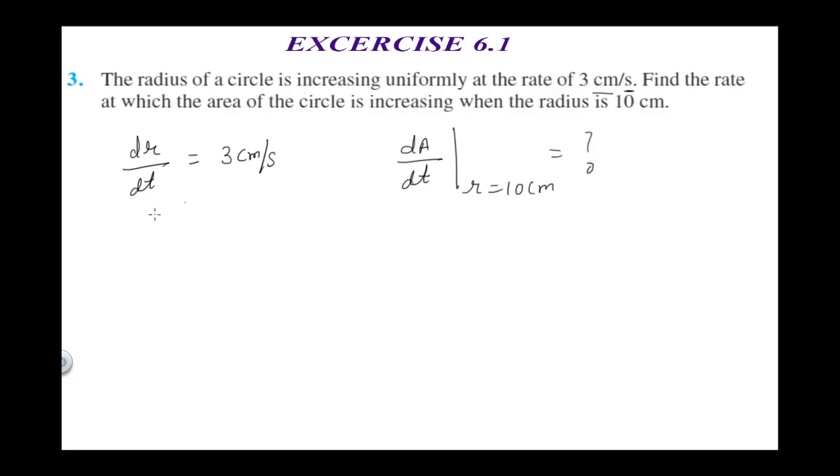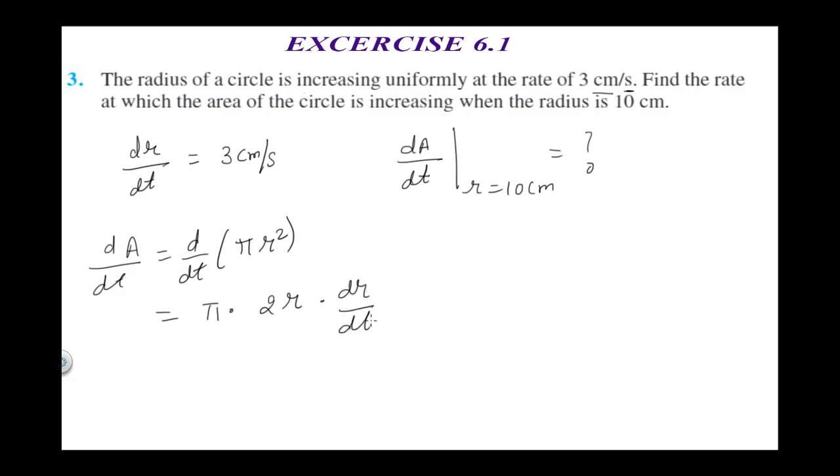Correct? Now, what is d by dt of A? D by dt of A means area, which is pi r square. That can be written as pi of r square, it will be 2r, and then dr by dt. We have been given the value of radius, which is 10, and dr by dt, which is 3.